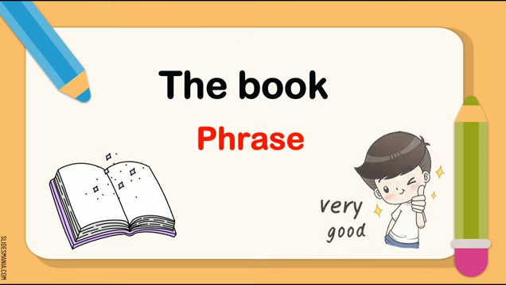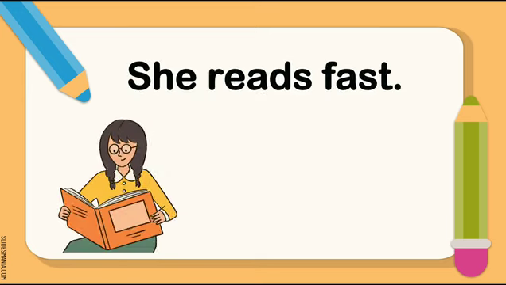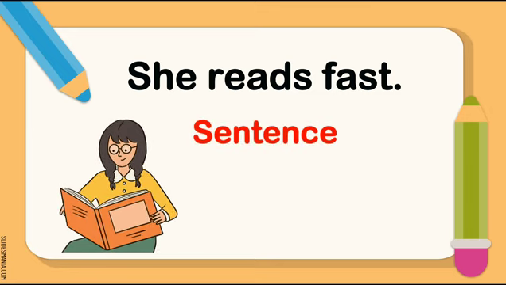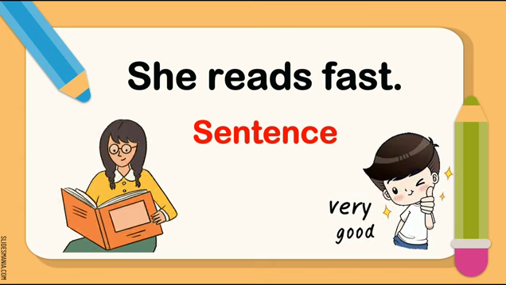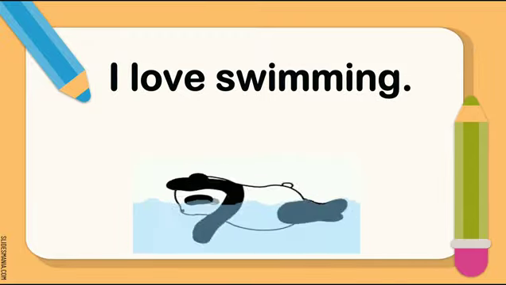Phrase, right? Very good. How about this one? She reads fast. Can you tell me what is this? If your answer is sentence, then that's correct also. Very good. Another one. I love swimming.